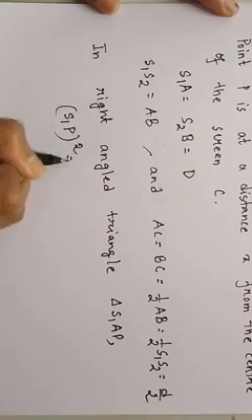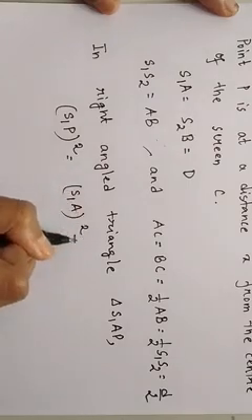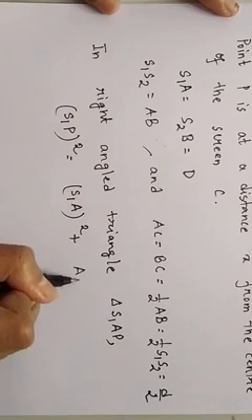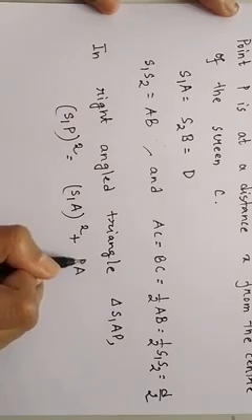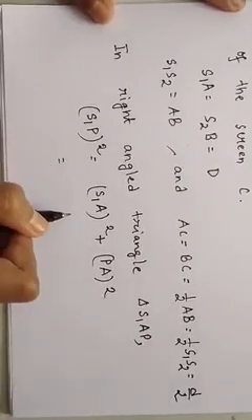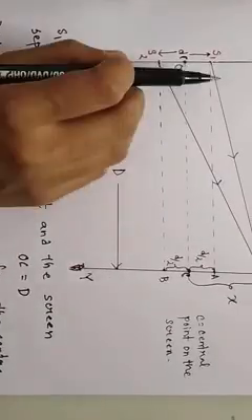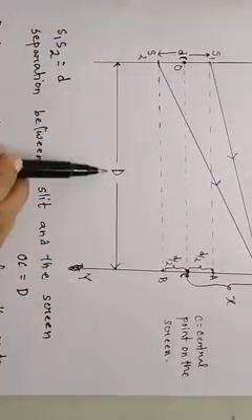So hypotenuse square is equal to base square, which is S1A whole square, plus perpendicular square, which is PA square. What is S1A? S1A is equal to D.